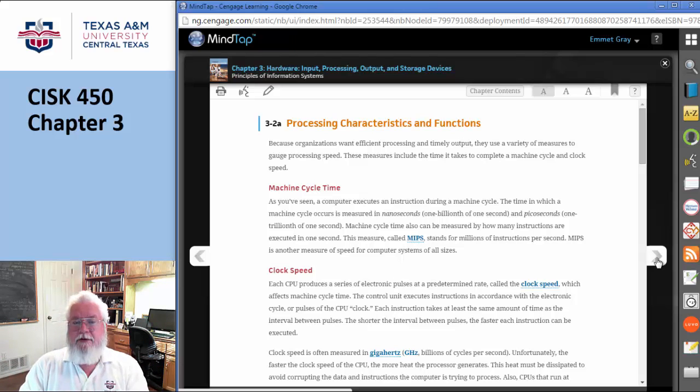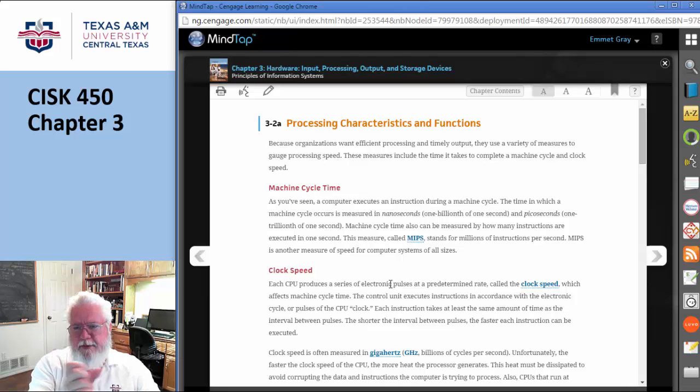So there are ways you can determine CPU performance. And one of them is what's called machine cycle time, or clock speed. So clock speed is typically in gigahertz now. So I have a 3.5 gigahertz processor in my laptop. Things of that nature.